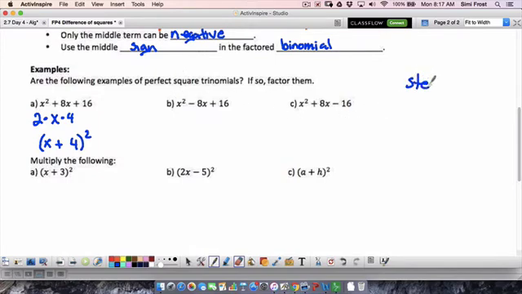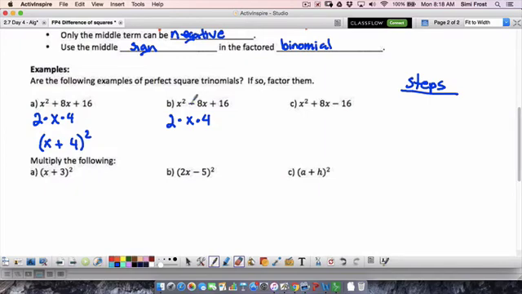So first step, to make sure that it is, in fact, a perfect square trinomial. So if I take 2 times the square root of the first one, which is x, times the square root of the last one, which is 4, they should multiply to the middle one. And that works, and I can only have a negative on the middle term.